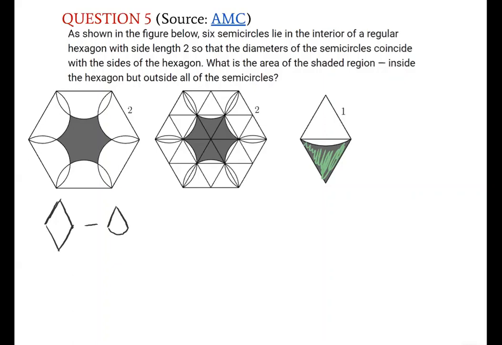For the rhombus, it's just two equilateral triangles put together. The area of an equilateral triangle is root 3 divided by 4 times s squared, where s is the side length. So since you have two equilateral triangles, you do 2 times root 3 divided by 4 times 1 squared.